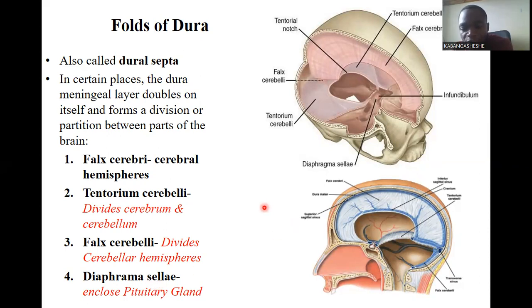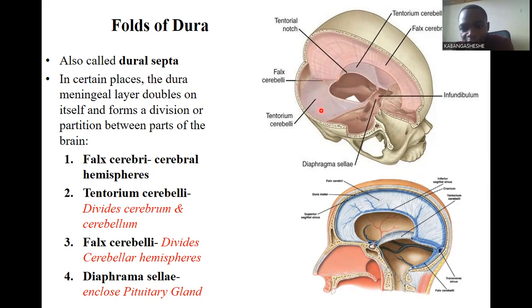Okay. So those are the folds and openings found in the dura mater. Falx cerebri, separating the two hemispheres of the cerebrum. Tentorium cerebelli, splitting the cerebellum from the cerebrum, which is above. So above the tentorium cerebelli is the cerebrum.